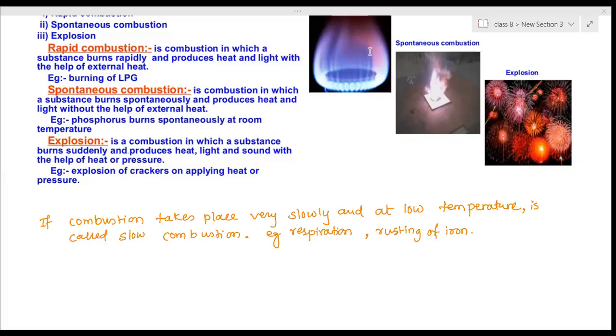Volatile means it vaporizes very fast, very quickly. So when we start burning the substance, these gaseous compounds start coming out of it, and then they start burning. When the gas starts burning, it will produce flame. Is it clear?